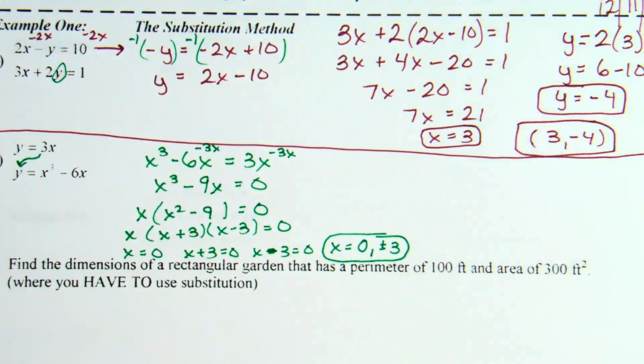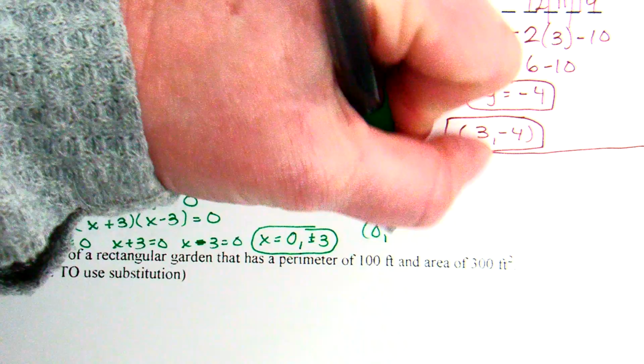So if we use y equals 3x, we use 0. 3 times 0 is 0. So we have the ordered pair 0, 0. We use positive 3. Y equals 3 times 3, and so we have 9. What's that ordered pair? 3, 9.